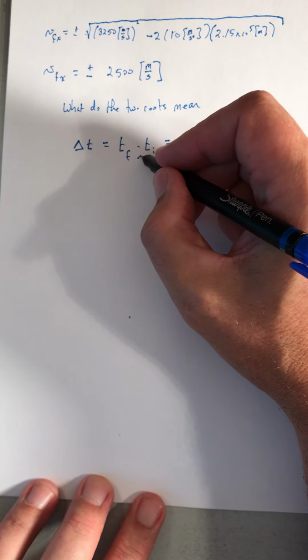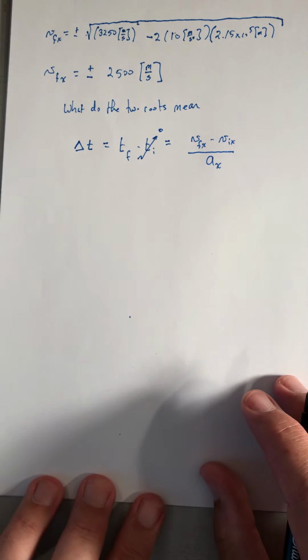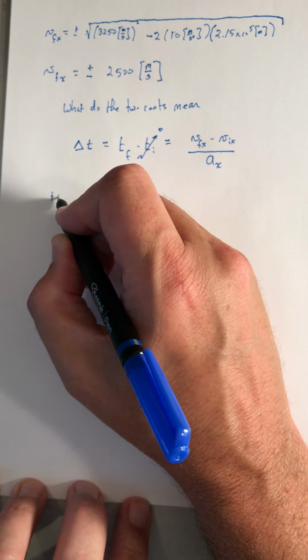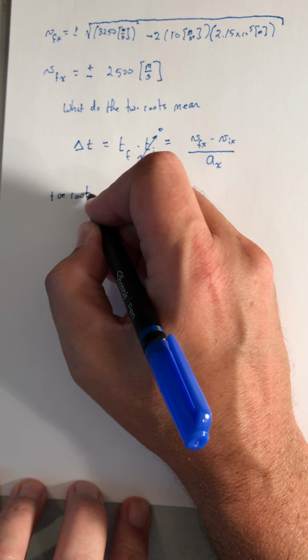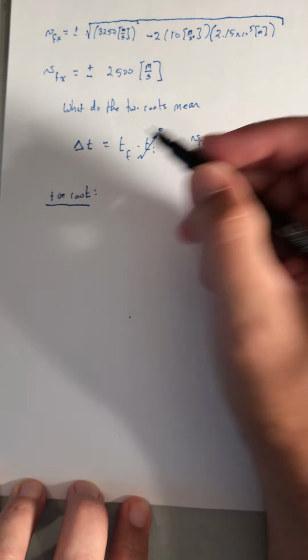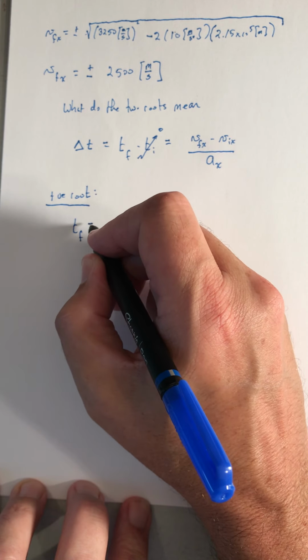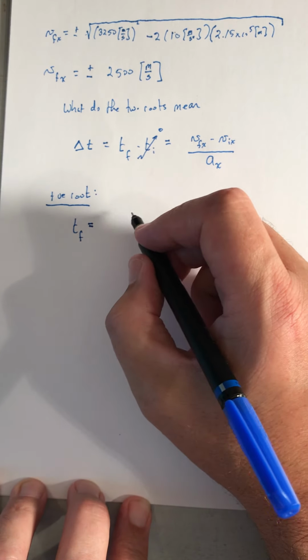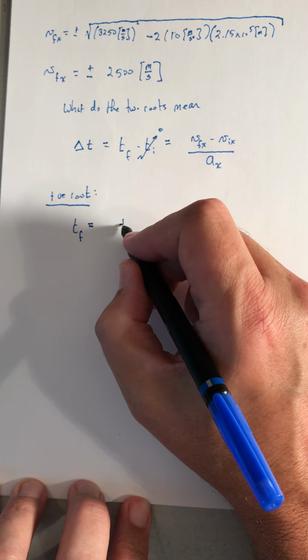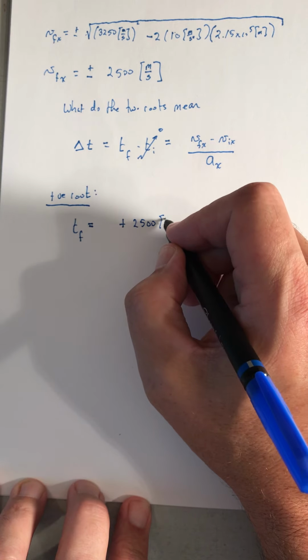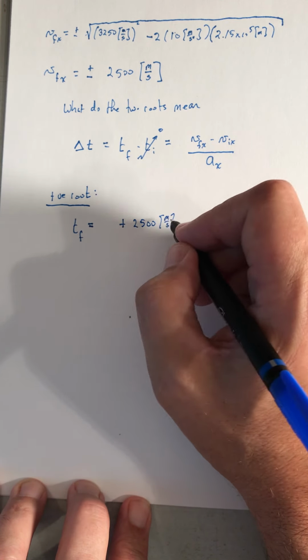And we picked T initial to be 0. So for the positive root, we'll have T final is equal, we have to be careful with our signs, that's plus 2,500 meters per second.